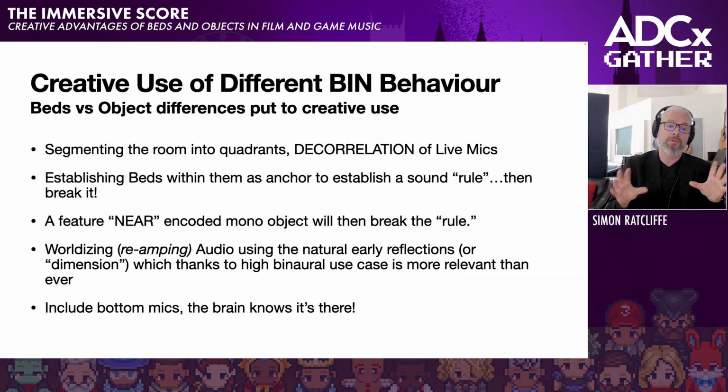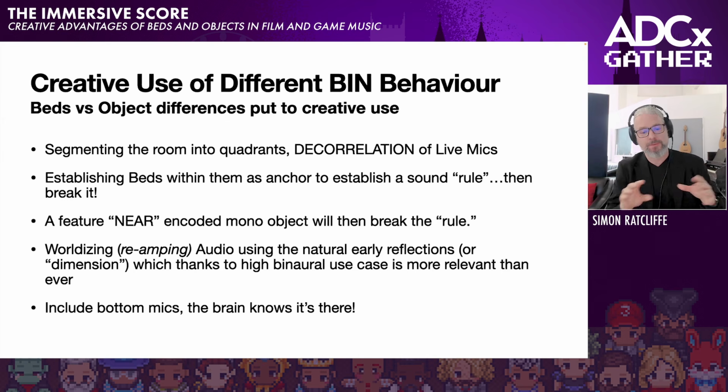Establishing beds within an ADM as an anchor to establish a sound rule. So, for example, if we are encoding mid, near, far, or off in the front and mid and far, if you then have something which breaks that rule in terms of audio, that can sound really, really cool.